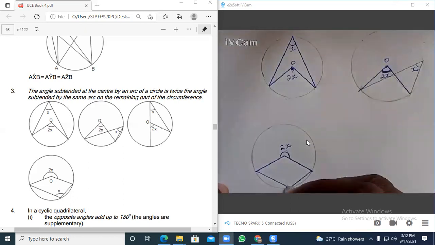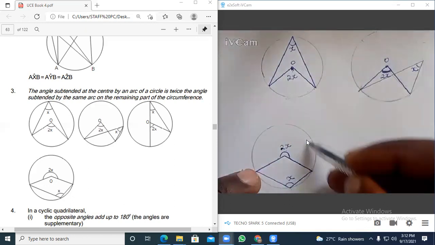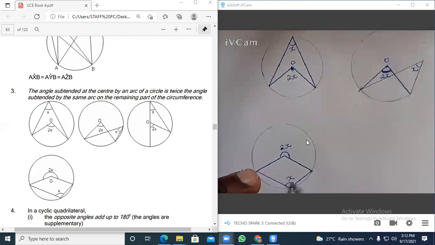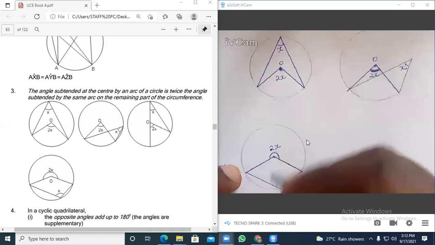Are we together? So if we draw any angle on this other side, like that, and this is x, it means that if this angle is on this other side, not where this 2x is, then this angle here is half of this, or this angle which is here is twice that. And this angle is at the center.